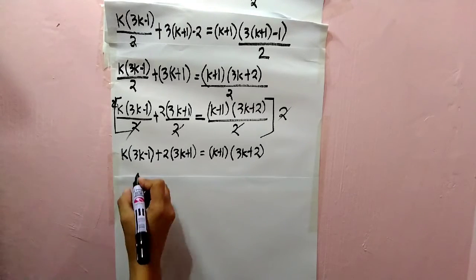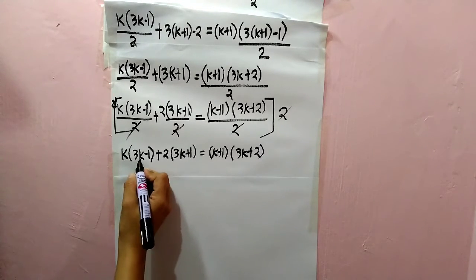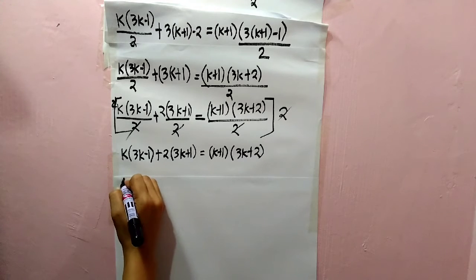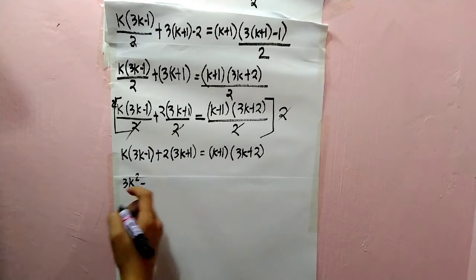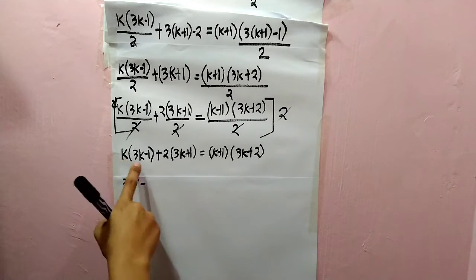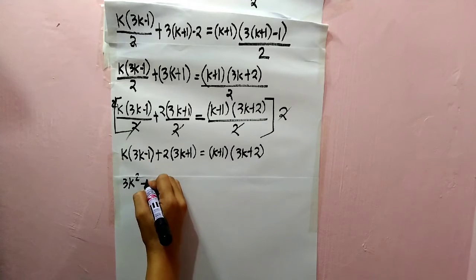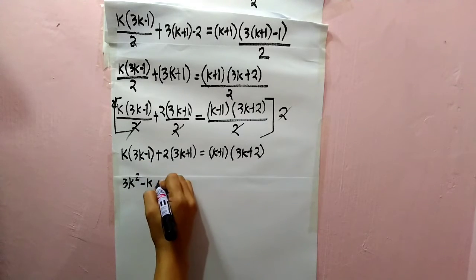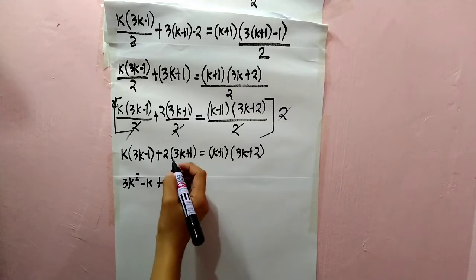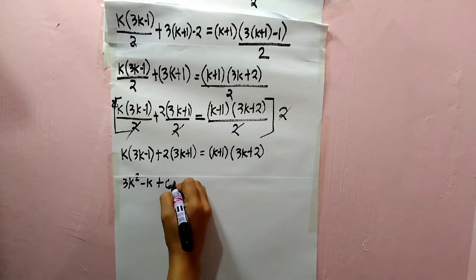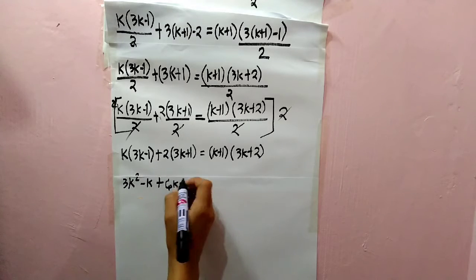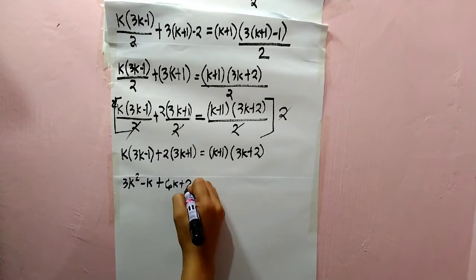So we will simplify. k times 3k, we have 3k squared, minus k times negative 1, we have negative k, plus 2 times 3k, we have 6k, plus 2 times 1, we have 2.